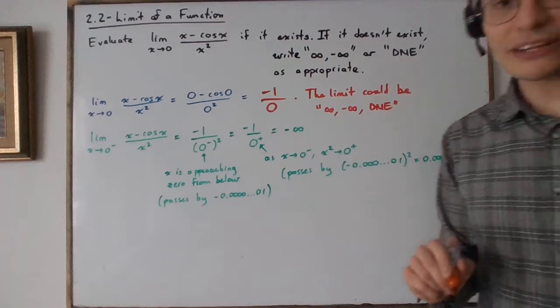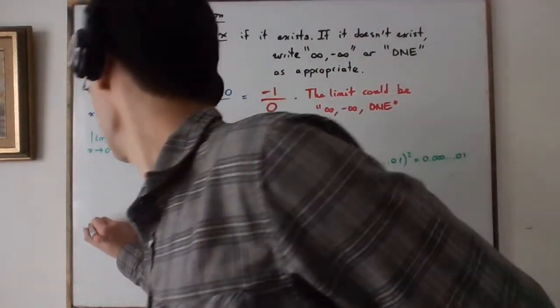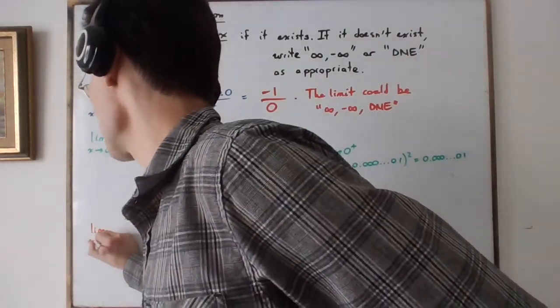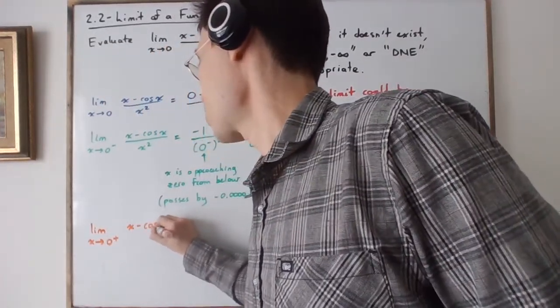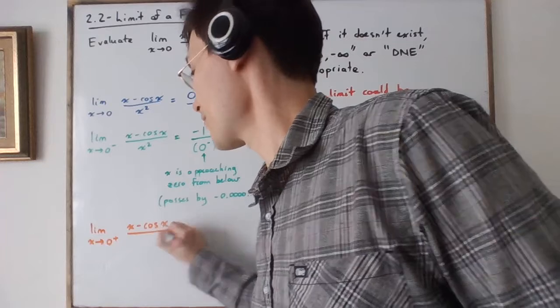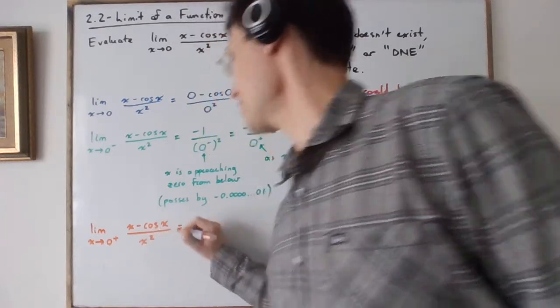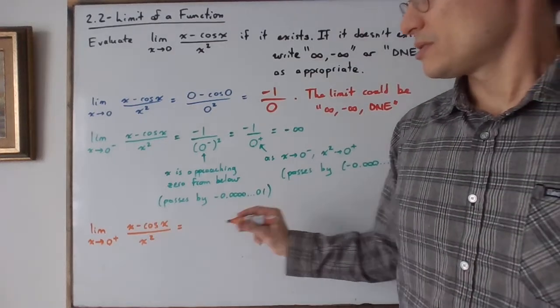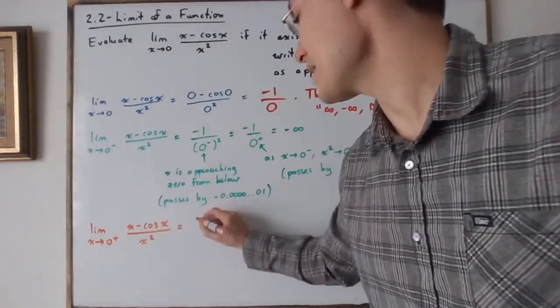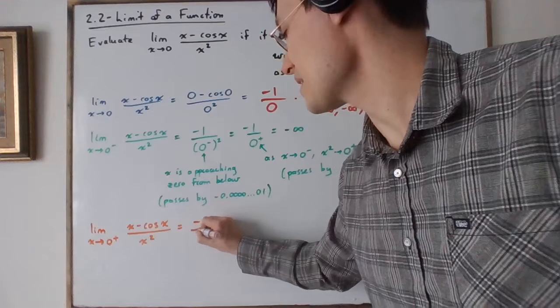We also have to evaluate the limit from above. So, the limit as x approaches 0 from above of x minus cosine of x over x squared. Same idea. We know that the top is going to be negative 1.